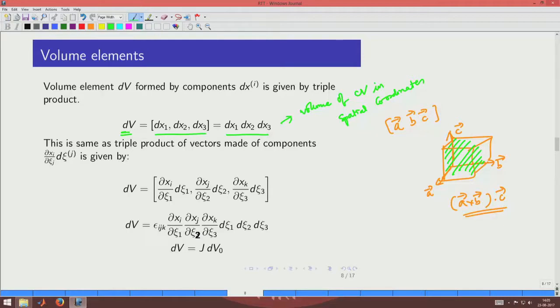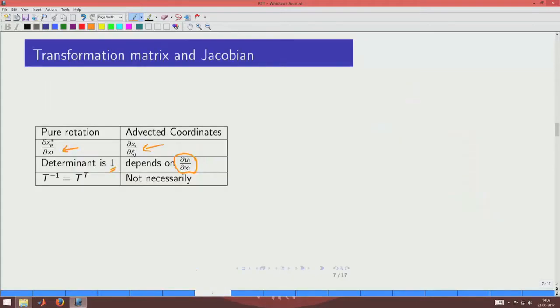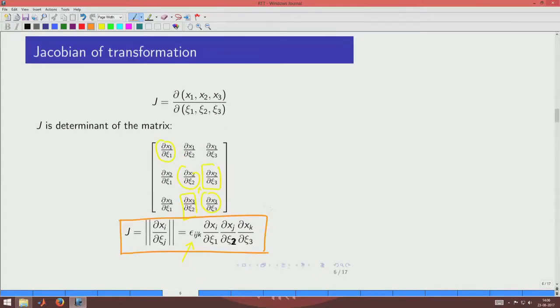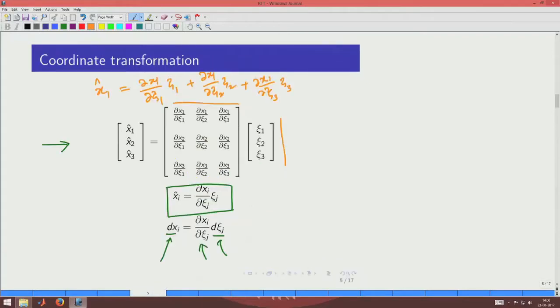Now, when we expand each of these quantities in terms of the unit displacements along the advected coordinate system, we can use the same expression we derived earlier. So, we use this expression to translate and look at how these terms are written.